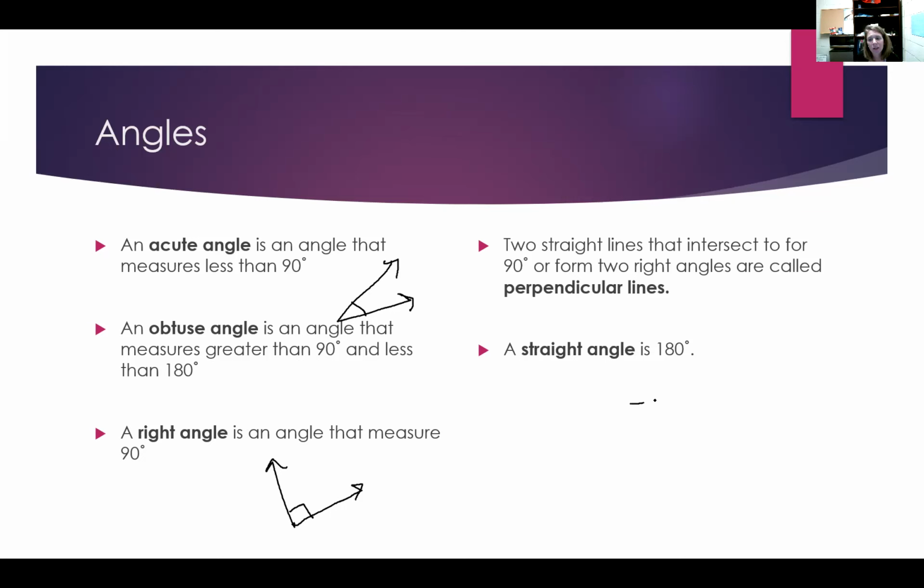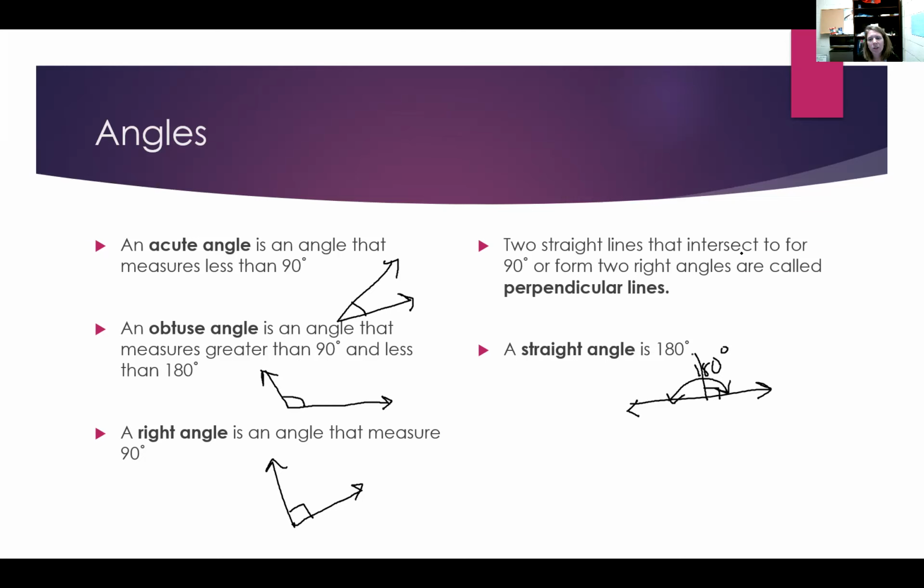So a straight line is 180 degrees. So an obtuse angle is going to be greater than 90. Imagine right here is the 90, right? It's going to be greater than that. So an obtuse angle might look something like this, okay?